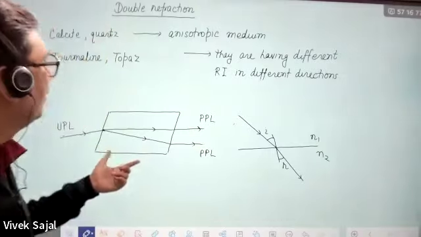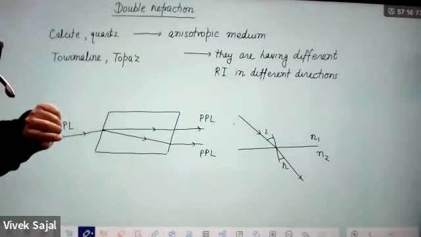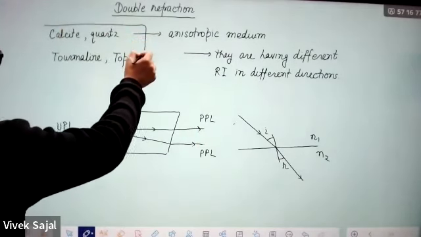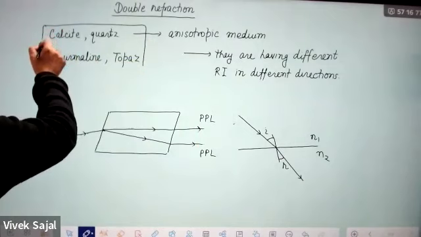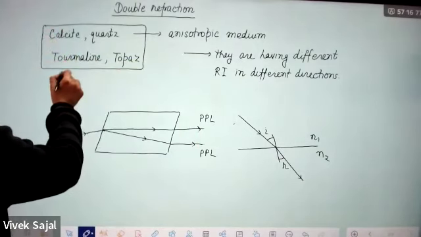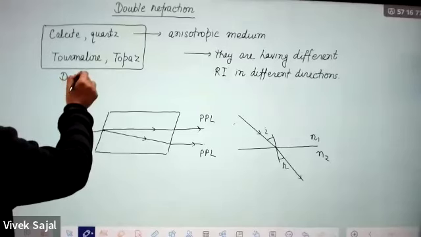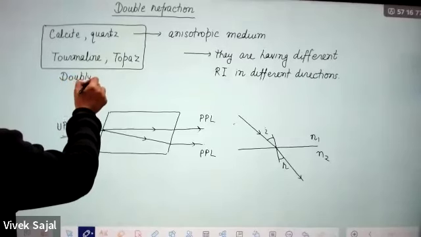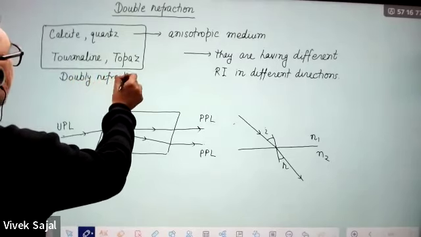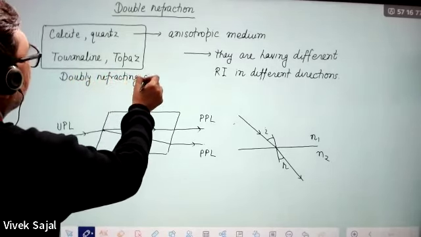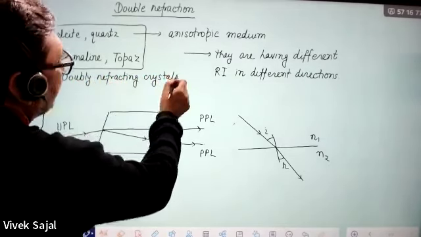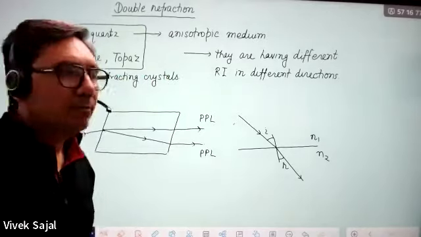This phenomenon is known as double refraction, and the crystals exhibiting it are known as doubly refracting crystals.